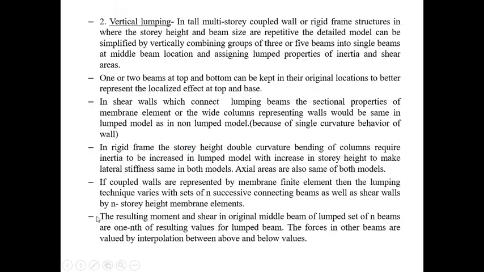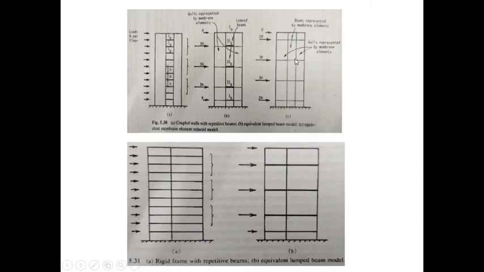Okay. Then if coupled walls are represented by membrane finite element, in rigid frames, for the story height, the double curvature bending of the columns requires that inertia be increased in the lumped model. So here, when we consider the membrane element, the inertia is to be increased in the lumped model.